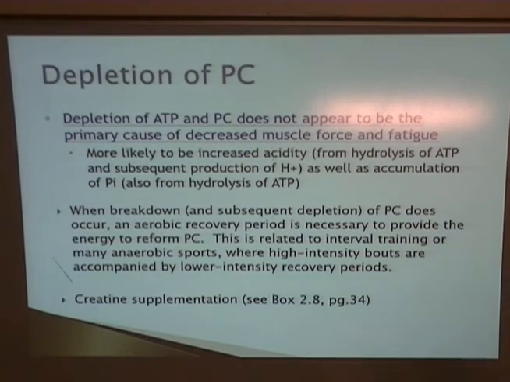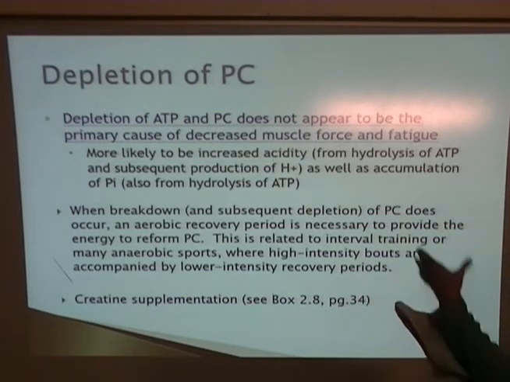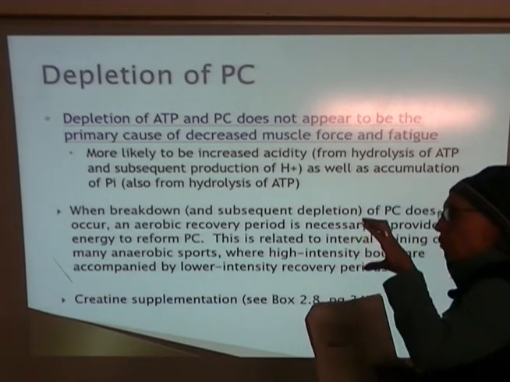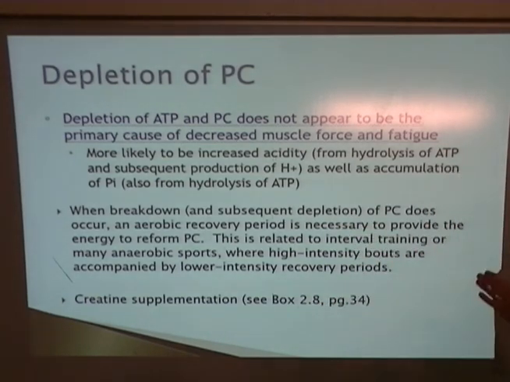Okay. If we do see close to or complete depletion of phosphocreatine, then as I showed on that diagram, there has to be an aerobic recovery period to rebuild phosphocreatine for the next short, high-intensity type work. Right?